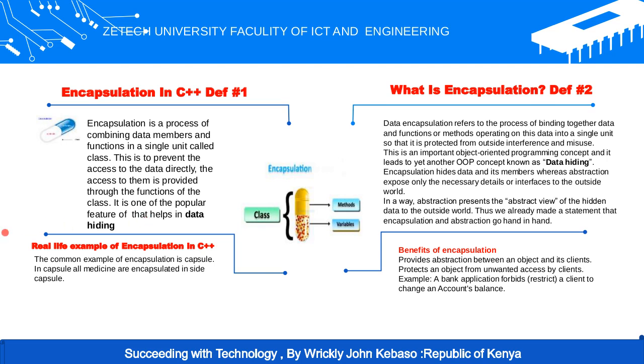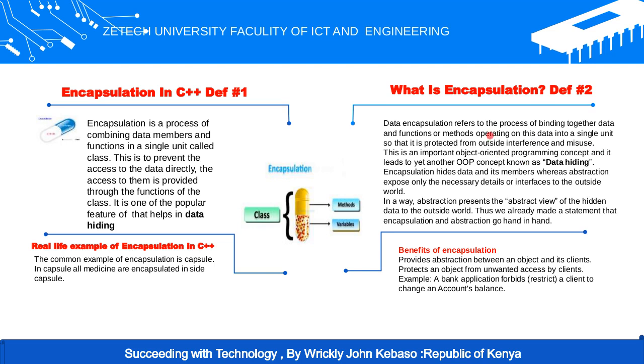A second definition: data encapsulation refers to the process of binding together data and functions or methods operating on this data into a single unit, so that it is protected from outside interference and misuse.